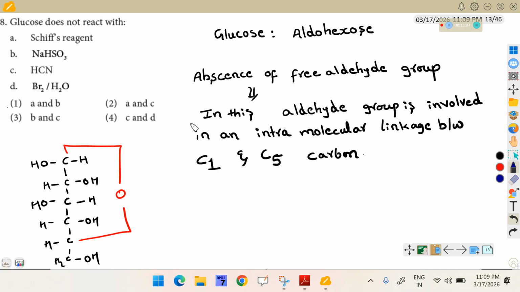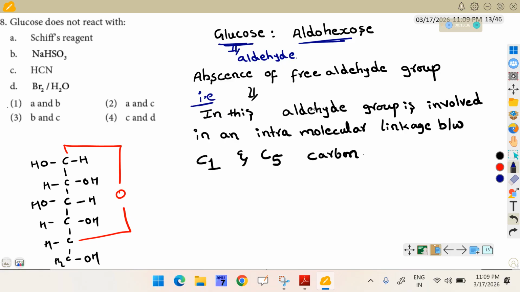Glucose does not react with which of the following reagents? We know that glucose is an aldohexose. In glucose, the aldehyde functional group is present, but the aldehyde functional group is not free. How can you decide the absence of a free aldehyde group?